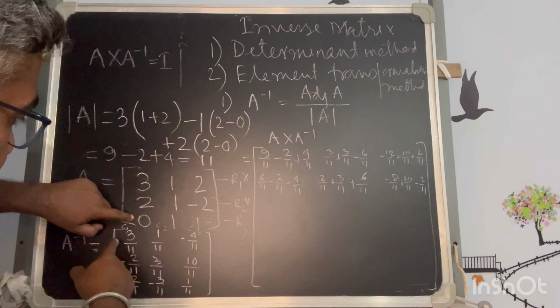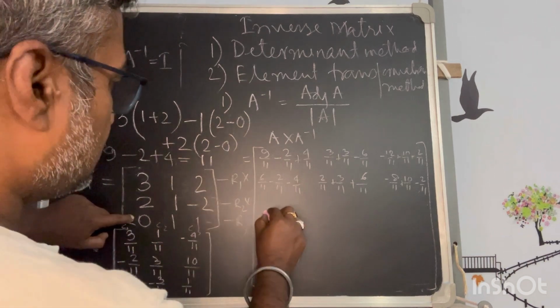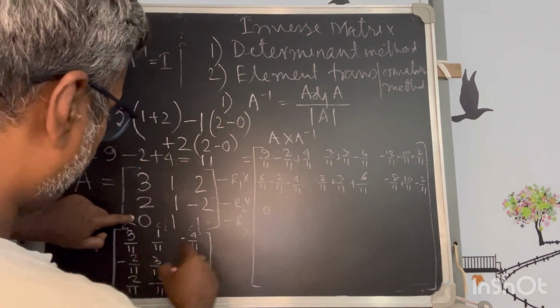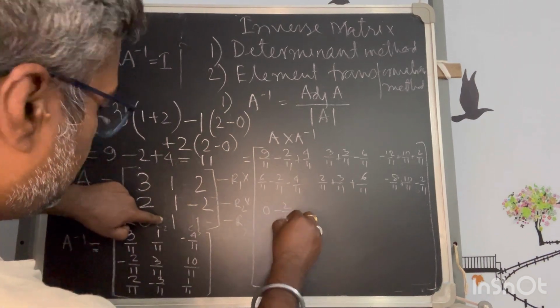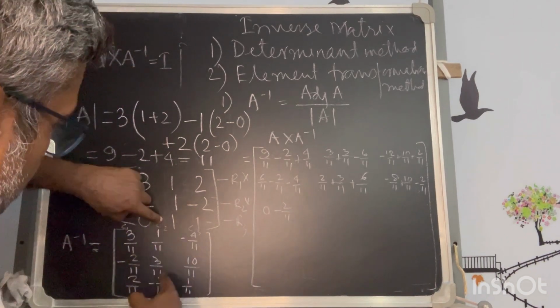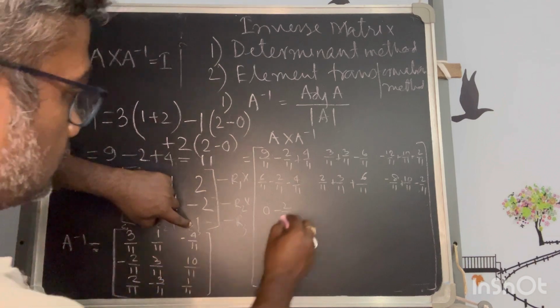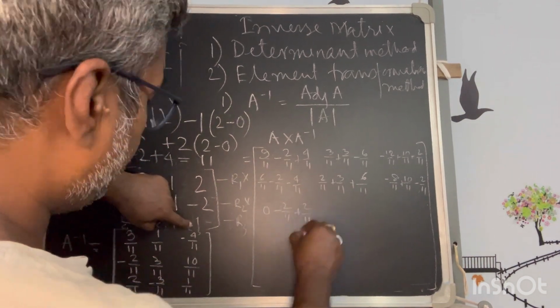Last one, 0. So 0 into this will give you 0. 1 into this will give you minus 2 by 11, and then 1 into 2, so that is plus 2 by 11. Fine.